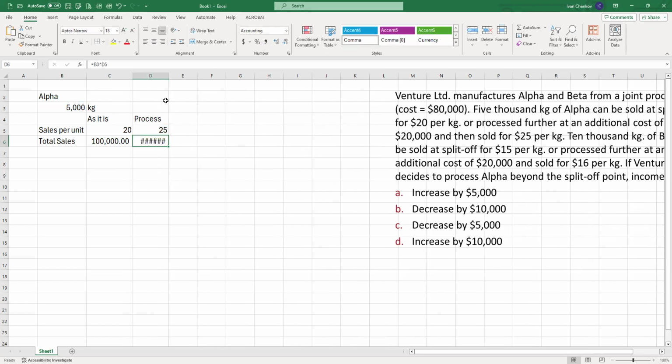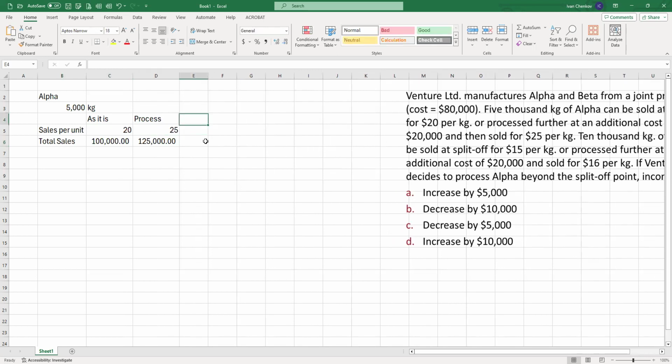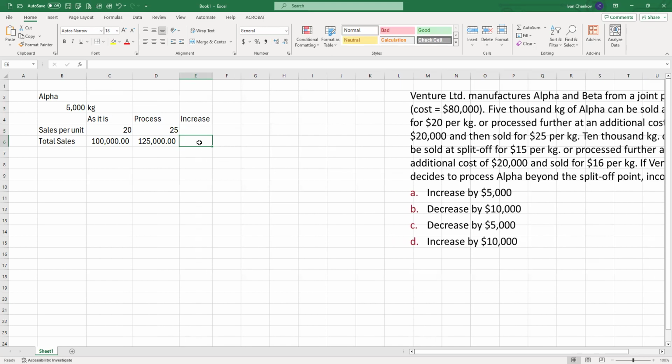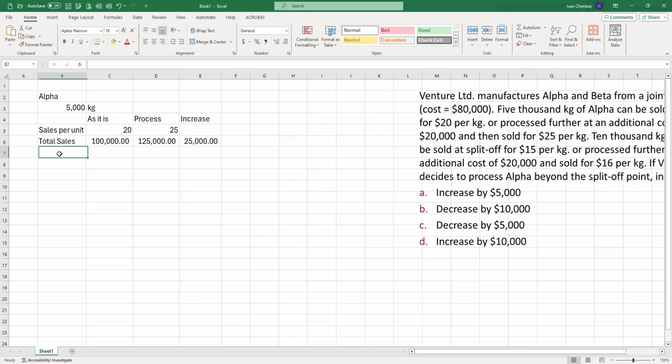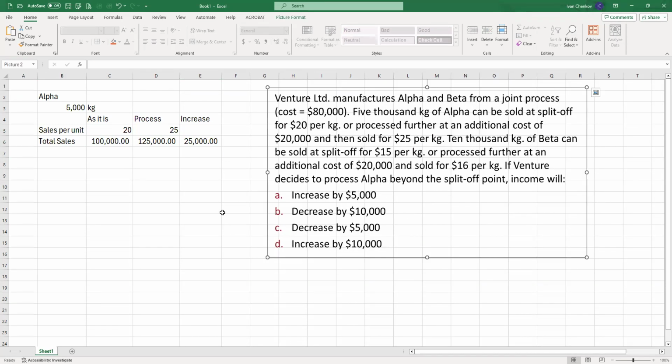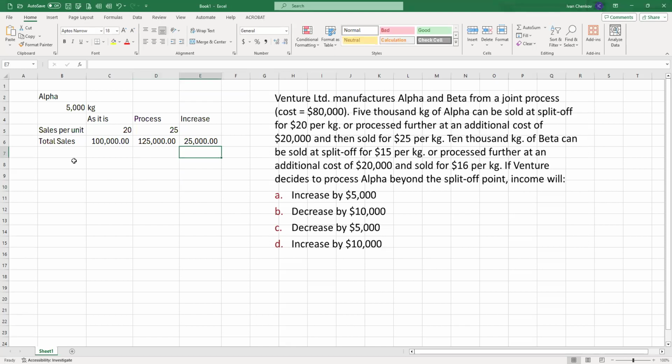So how much will be the additional? 25,000. The increase will be this one minus that one. That's on the sales, right? How about the cost? Now we know how much the additional increase in sales will be, right? So how much will be the additional cost? The additional cost will be negative 20,000, correct?